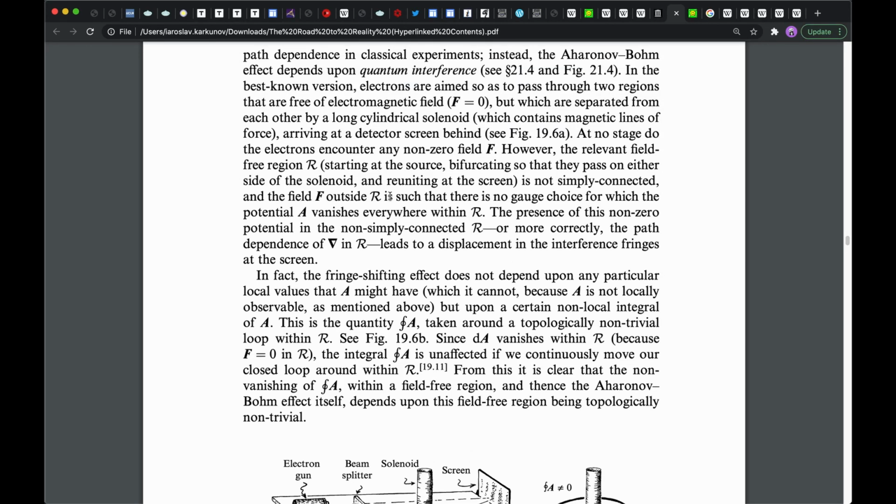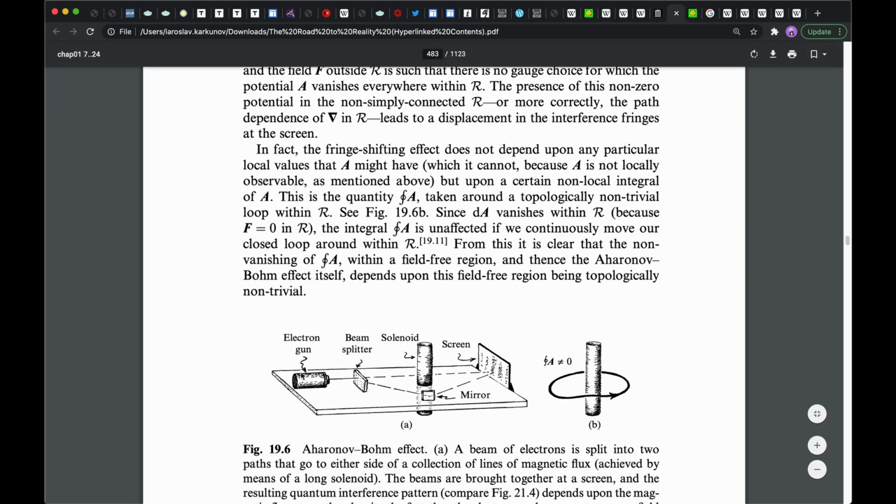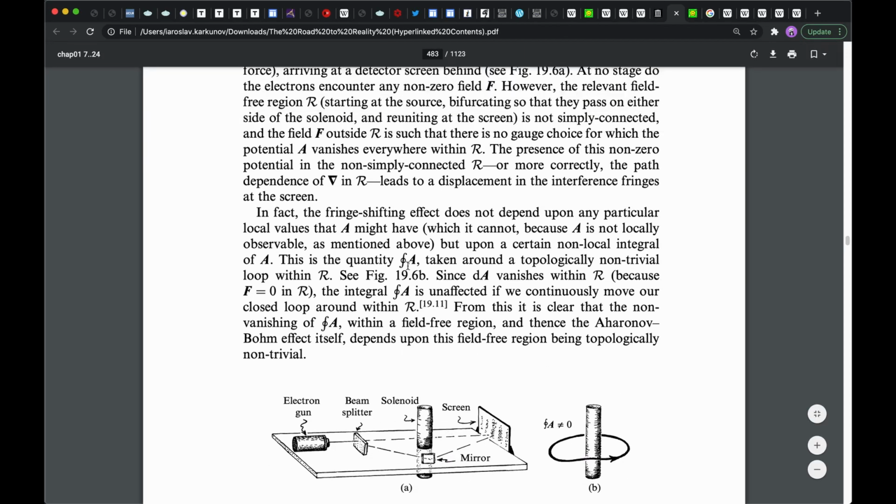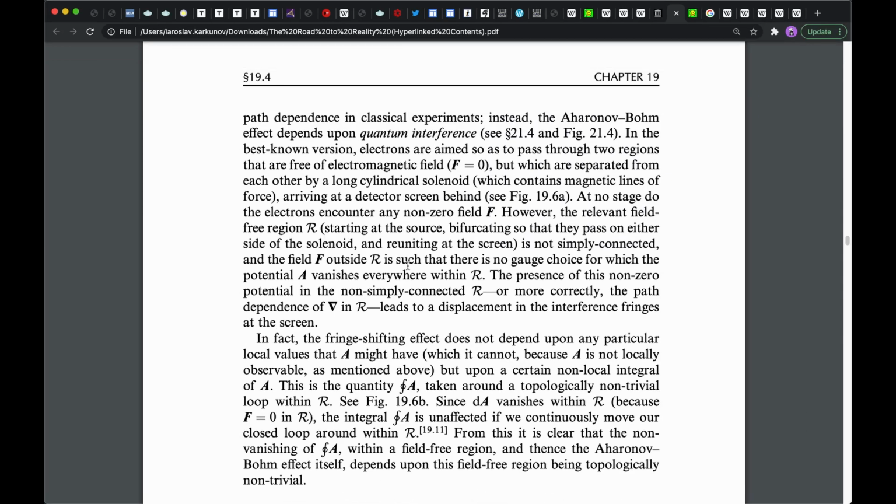Yeah, and here he says that we have a field-free region R, and that field-free region is outside the solenoid, with the solenoid removed from the space basically.